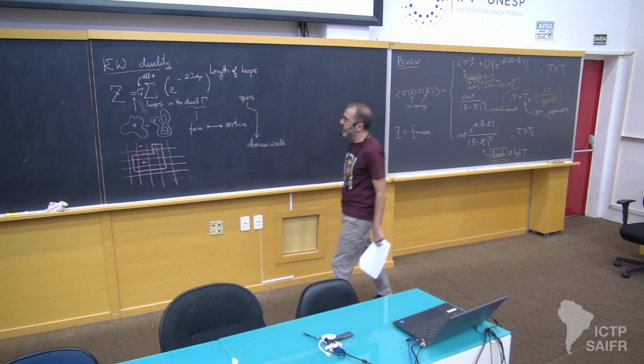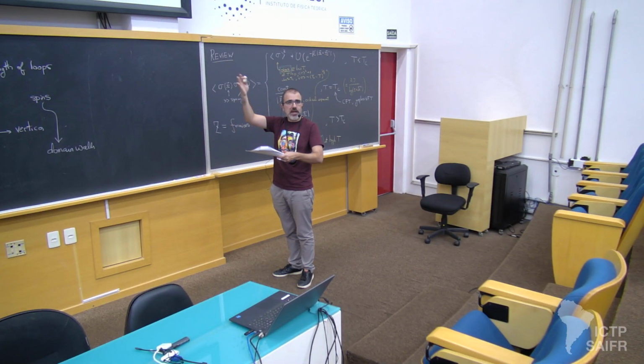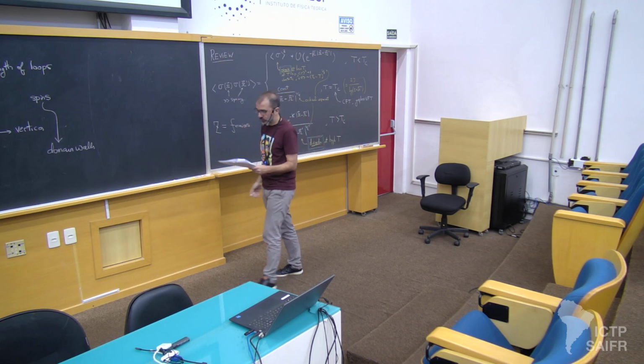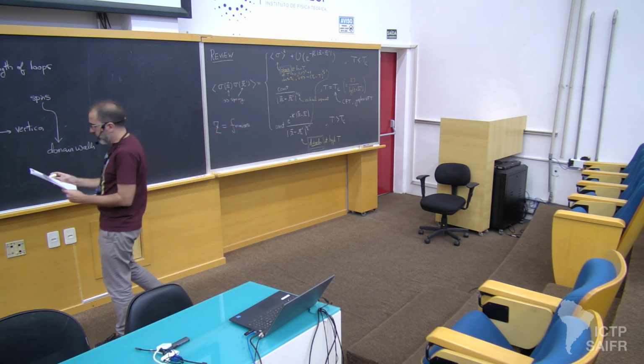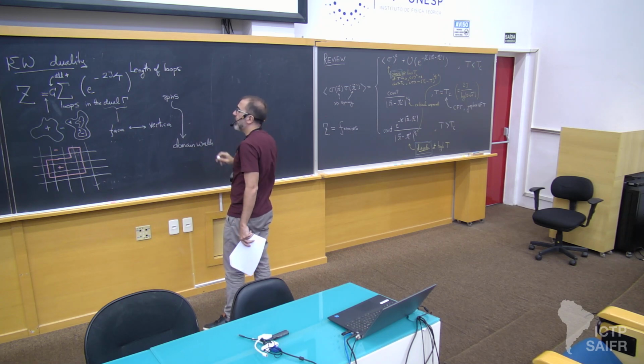We went from the original degrees of freedom that were spins to these walls between ups and downs. Okay. Very good. So this is one way of writing the Ising model.